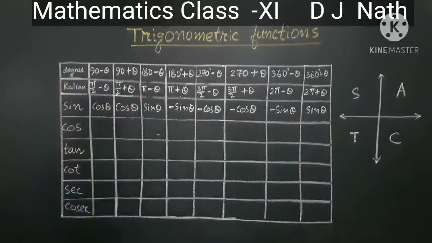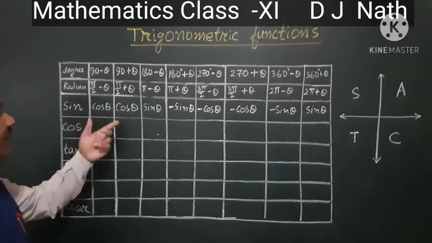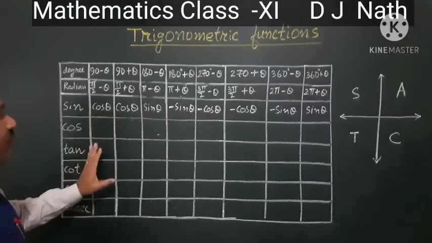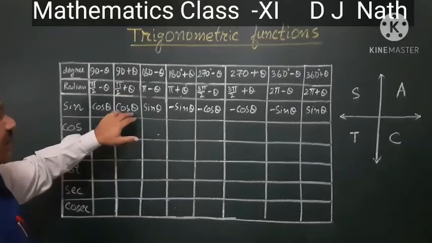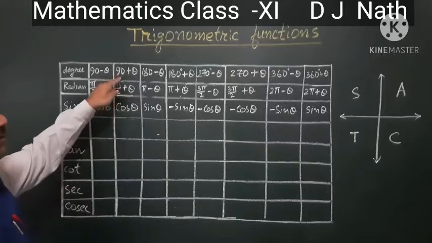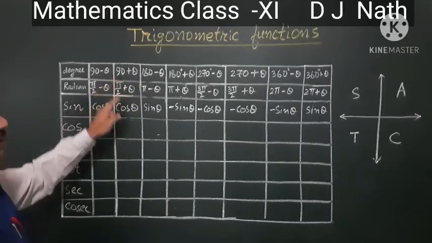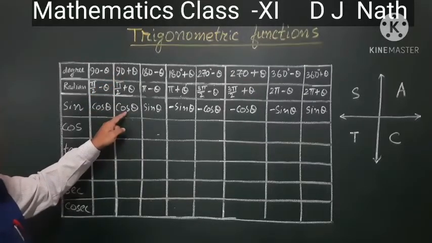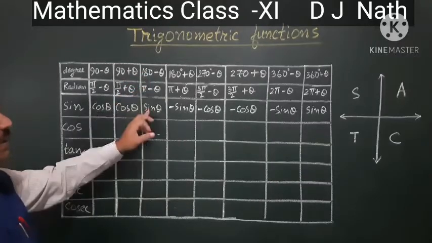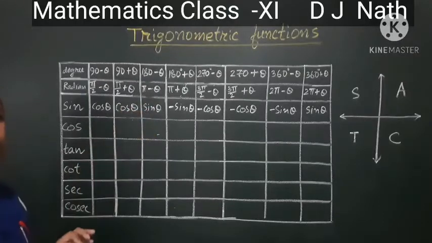So what is happening here? In the first quadrant all are positive. In the second quadrant sin is positive, but with the y-axis, 90 degrees, it changes into cos. When you use 180 minus theta, it remains sin theta.